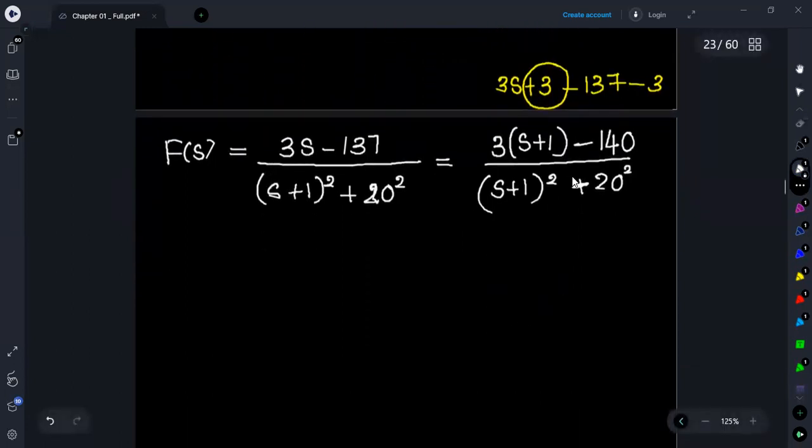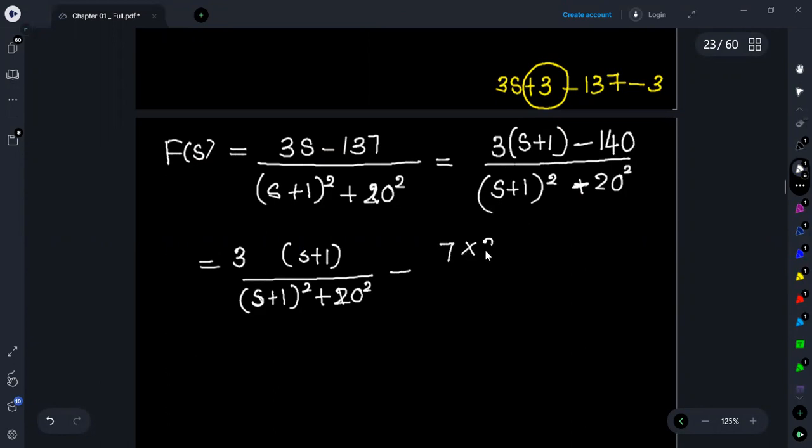And now we can separate this into two cases: 3 times s plus 1 over s plus 1 to the power 2 plus 20 to the power 2, minus, so we can write this 140 as 7 times 20 over s plus 1 to the power 2 plus 20 to the power 2.